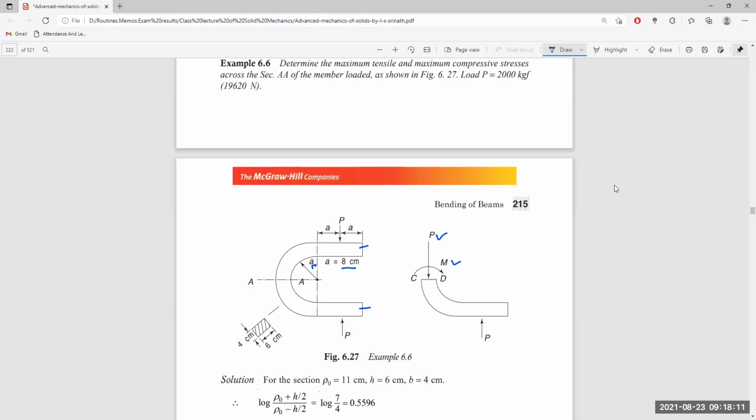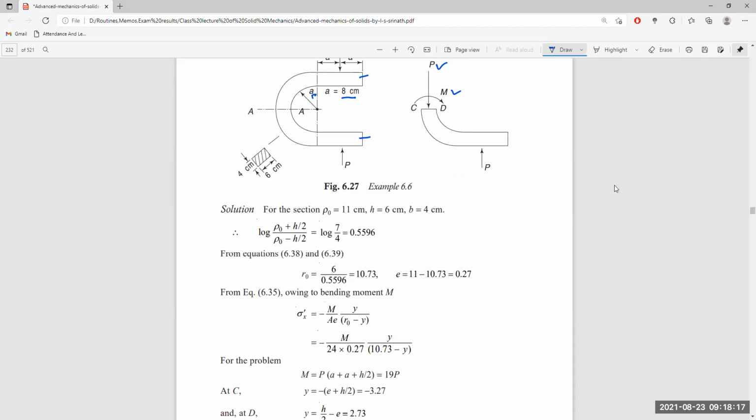Now, here you see rho 0 is the center of the cross section. Here is the distance from the center of curvature to the centroidal axis. How has it happened? This is the center of curvature itself.